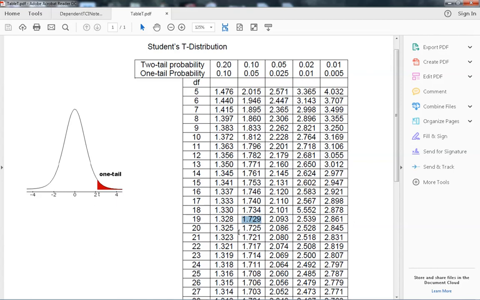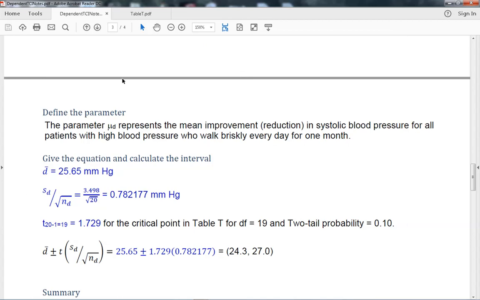So that's 1.729. Then we come back into our equation and we have d bar plus or minus our t critical point times our standard error. We plug our values in, do the multiplication, and we get 24.3 to 27.0.